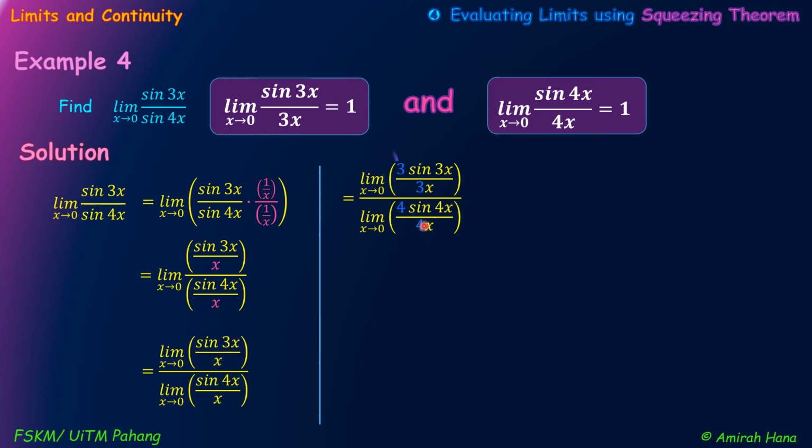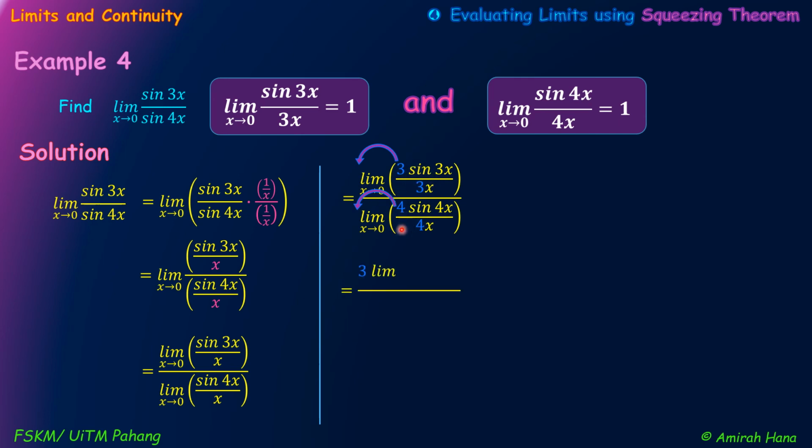We move out constant 3 and constant 4 from the limit expressions using the properties of limits. We need 3x here and 4x here, so we just move out 3 and 4 in the denominator.